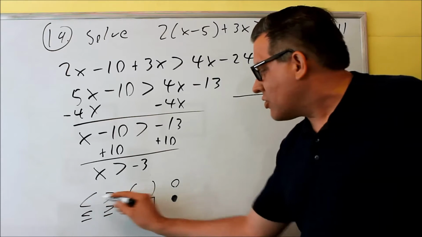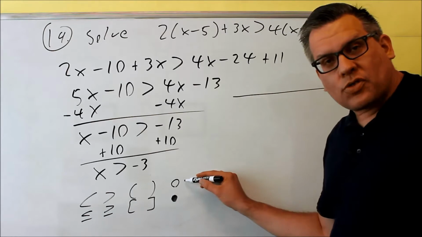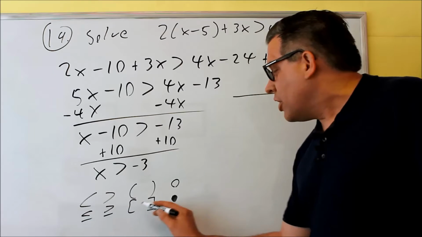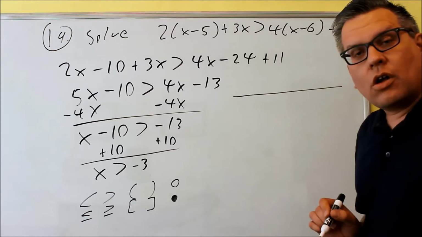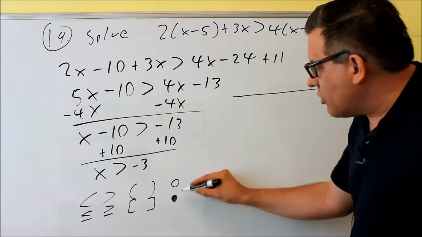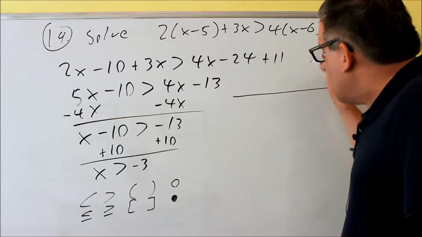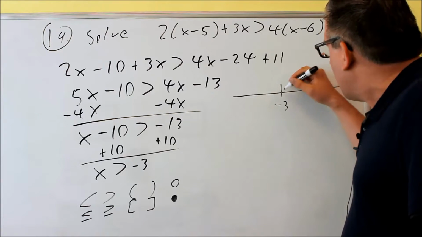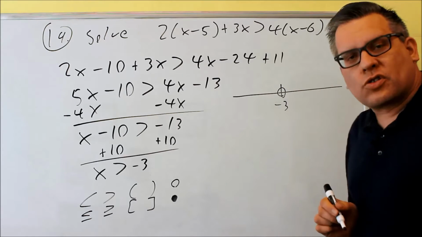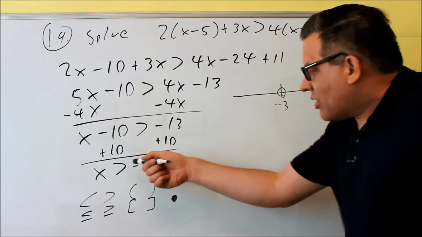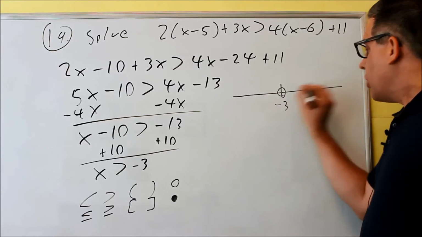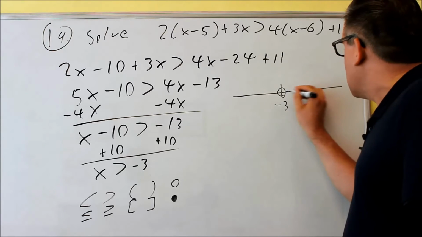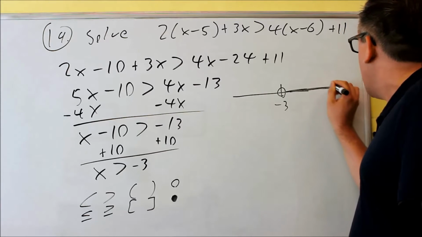So if you have these symbols here, you're going to use parentheses or an open circle. If you have the equal sign underneath, you're going to use brackets or closed circles. So let's go ahead and use the circle notation. I'm first going to put negative 3 on the number line with an open circle. Since it says greater than, that means it's going to go this way to the right.